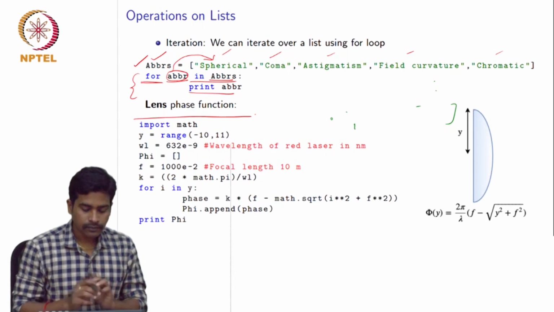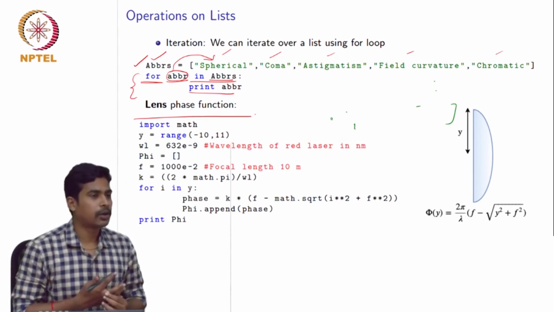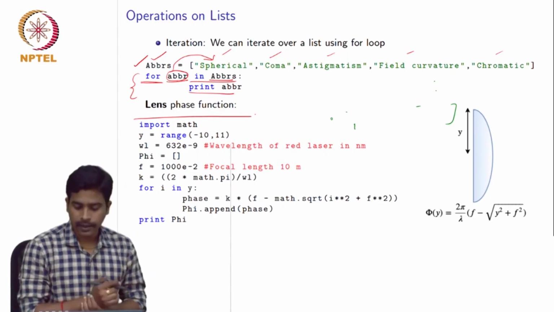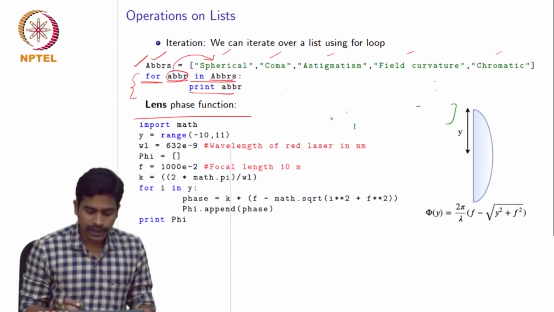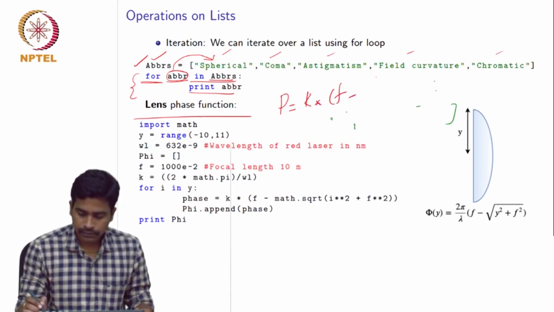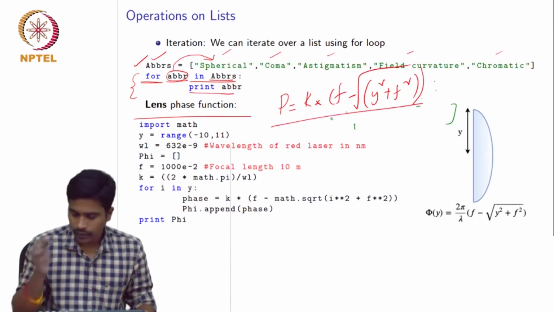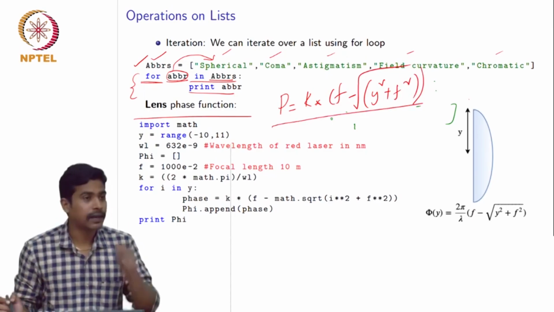Now let's see an example function, where we want to calculate the phase function of a lens. The phase function of a lens is given by this equation. P is given by K into... so this is the phase function of a lens.